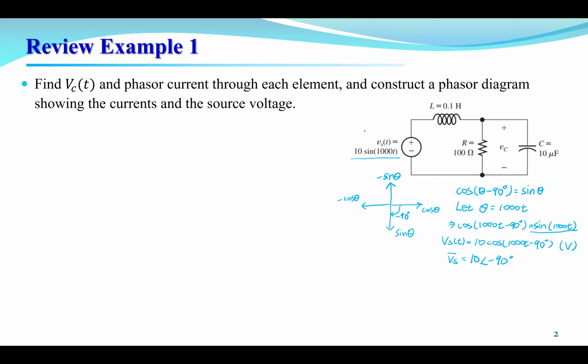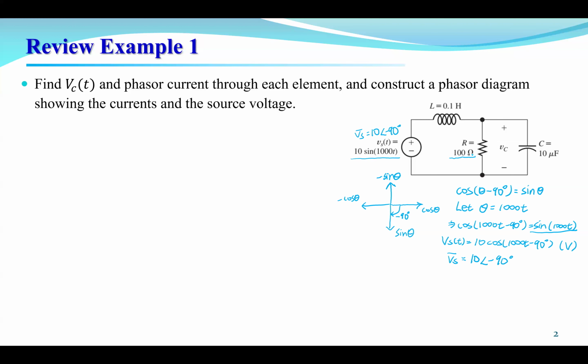Okay, so we write it here, VS is 10 at an angle of minus 90 degrees. And then we need to convert the resistor, inductor, and capacitor to impedance. The impedance of a resistor is just a real number, so we don't need to do anything.